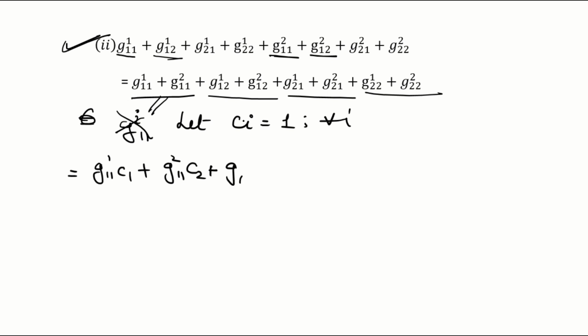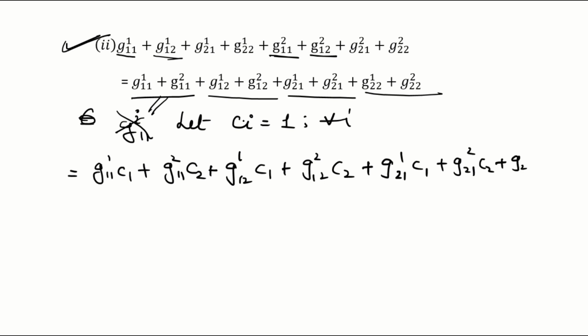So here g121, you will multiply it with c1, g212, so here c2, then g21 c1, g212 then c2, then for g22 this is 1, so you will put c1. When you have superscript as 2, you will multiply it with c2. So both the expressions are the same, because c1 and c2 are 1 for i equal to 1 and 2.